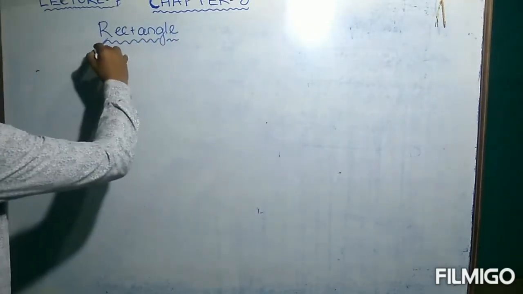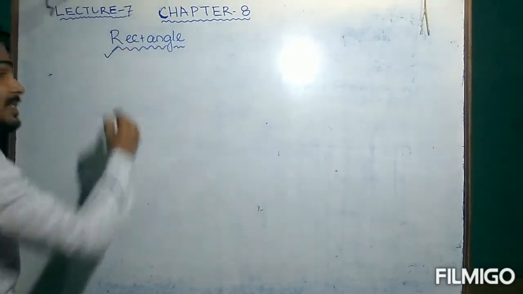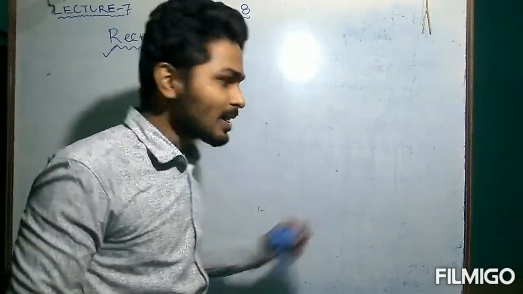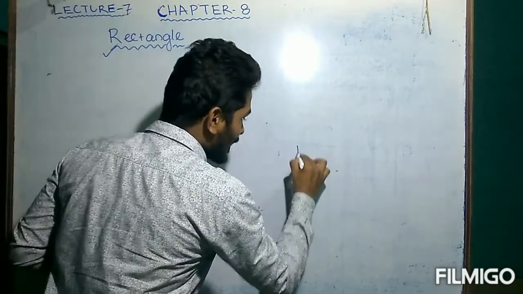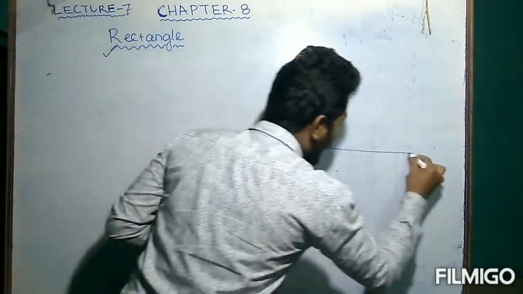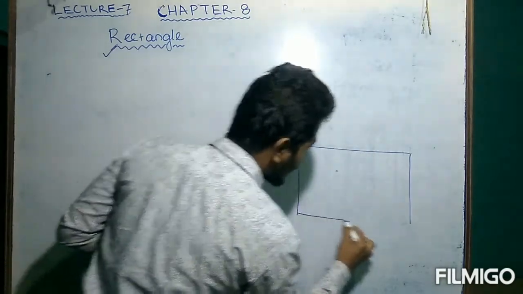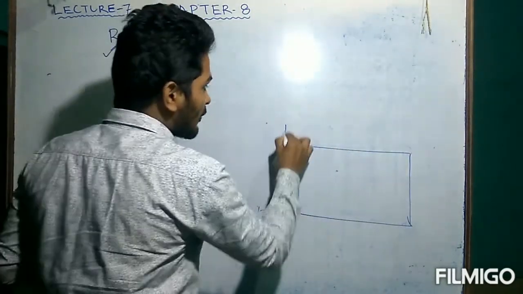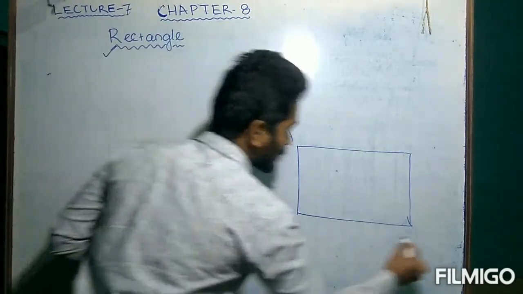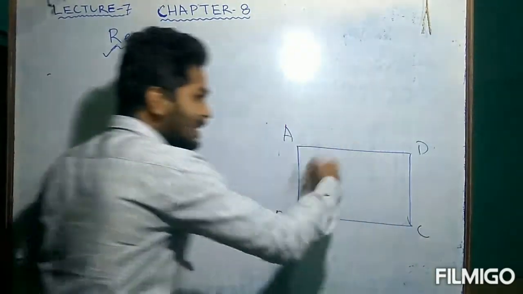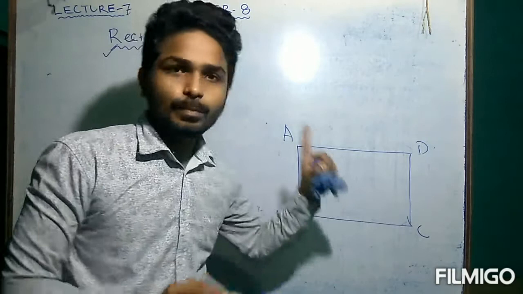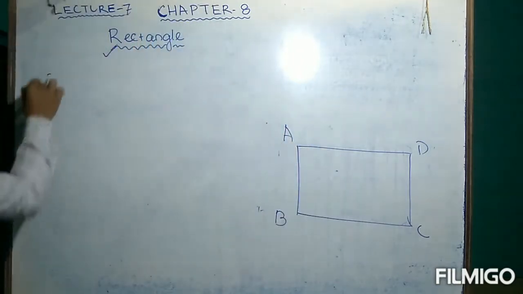So now let us understand the third type of quadrilateral, which is known as a rectangle. As you already know from some previous classes, what is a rectangle? First of all, a rectangle is a quadrilateral, right? Like this. This is the figure of a rectangle, A, B, C, D. It has four sides. So this is the first and foremost property of a rectangle.